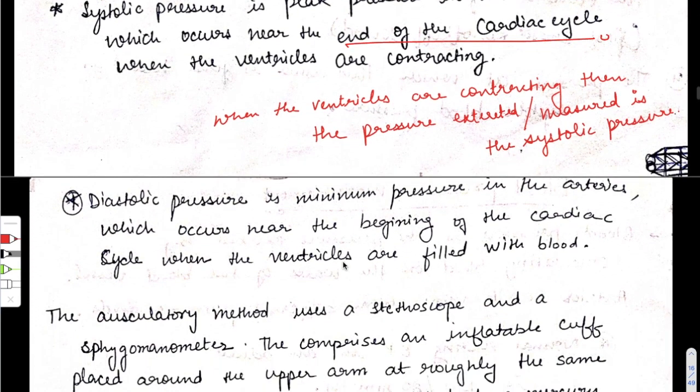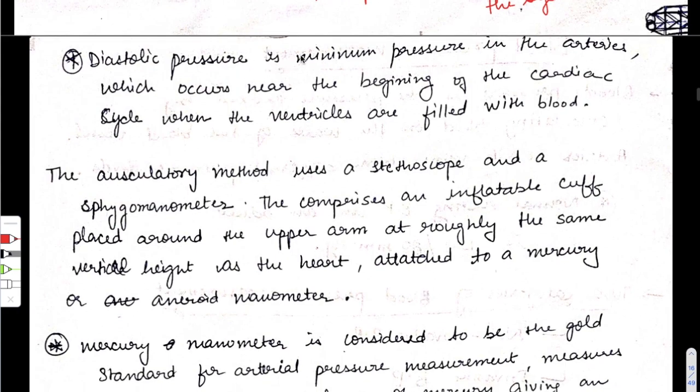Now coming to the diastolic pressure. Diastolic pressure is the minimum pressure in the arteries, which occurs nearly in the beginning of the cardiac cycle when the ventricles are filled with blood.